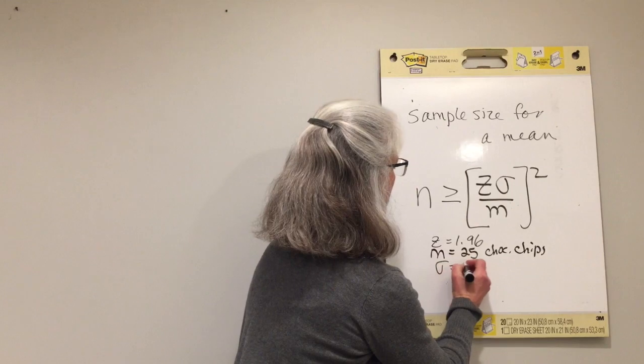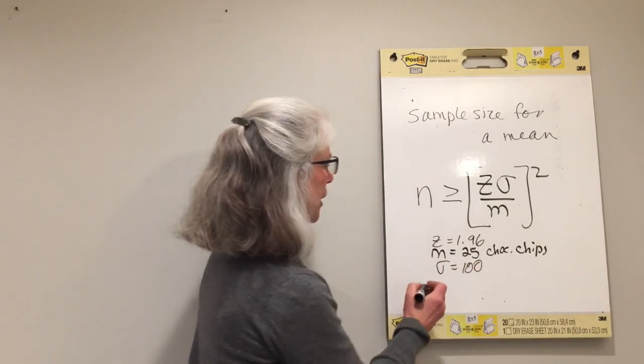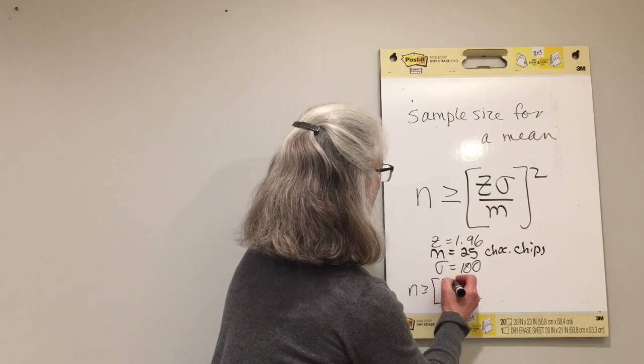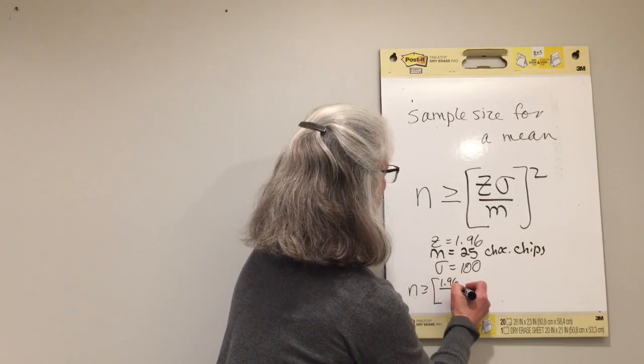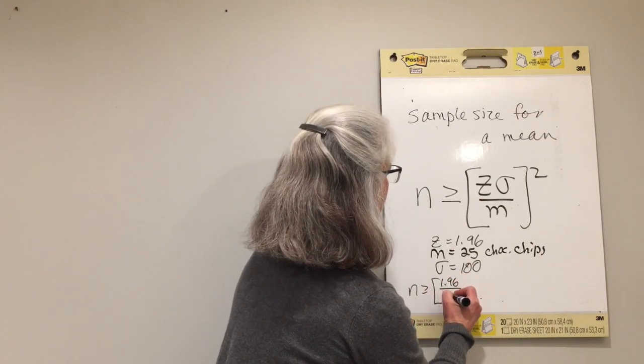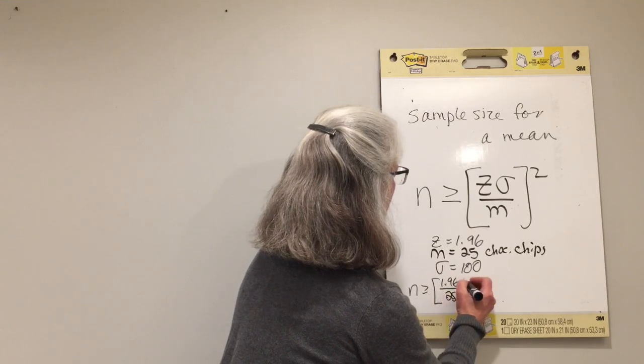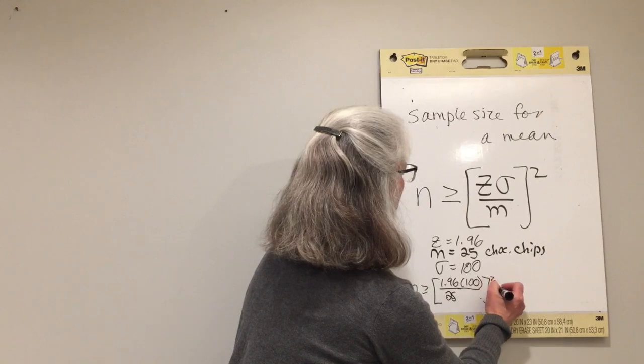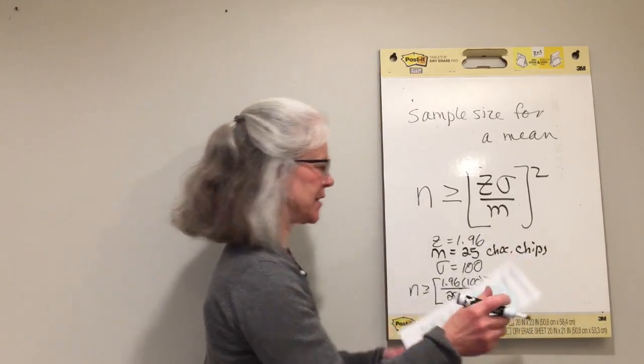So our standard deviation is 100. So we plug all that in. So 1.96 over 25 times 100. Square the whole business. And we get 61.5.